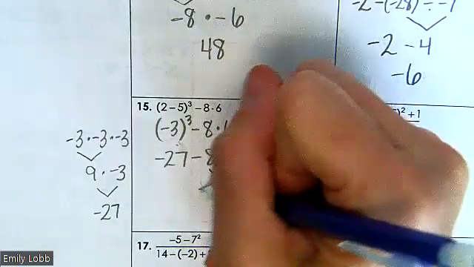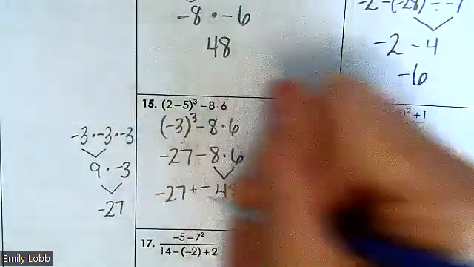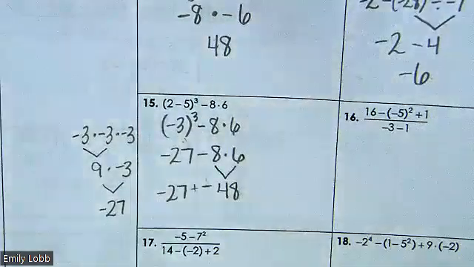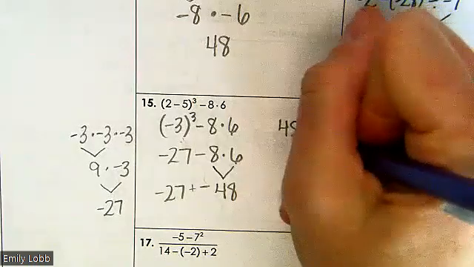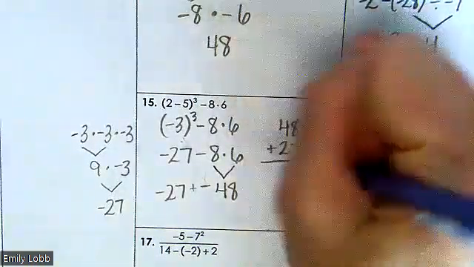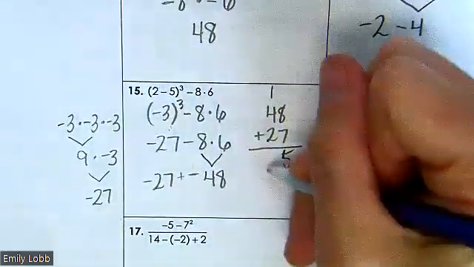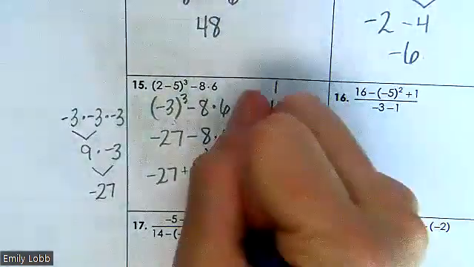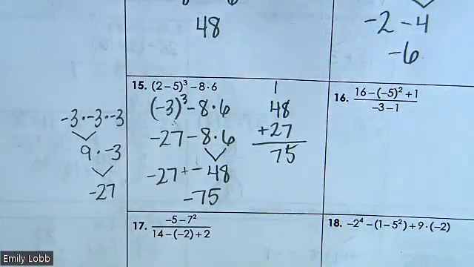Bring down that negative sign, -27. You can put a plus in between them if it helps you to see that you have the sum of 2 negatives. So it's getting more negative. 48 and 27. 75, but positive or negative? Negative. We're adding. We're not multiplying.